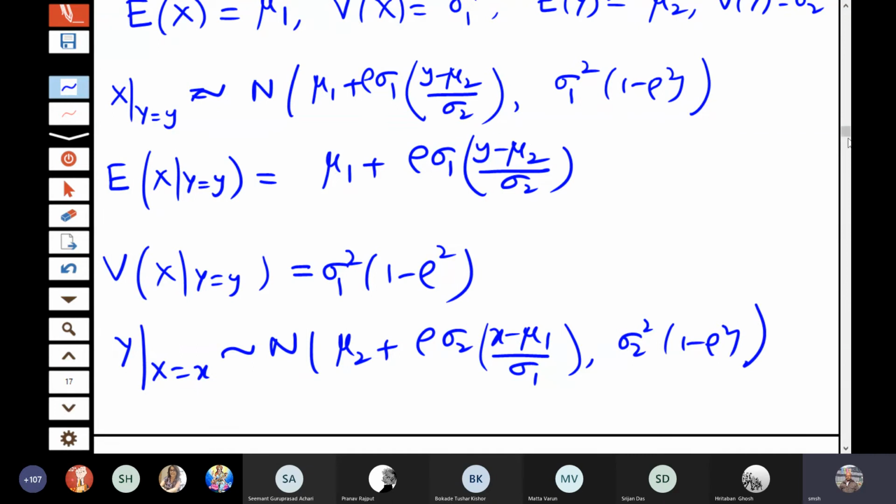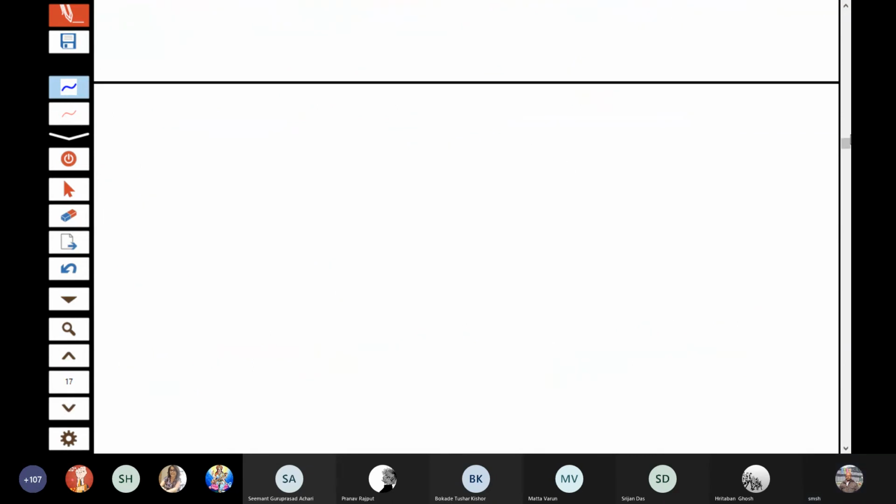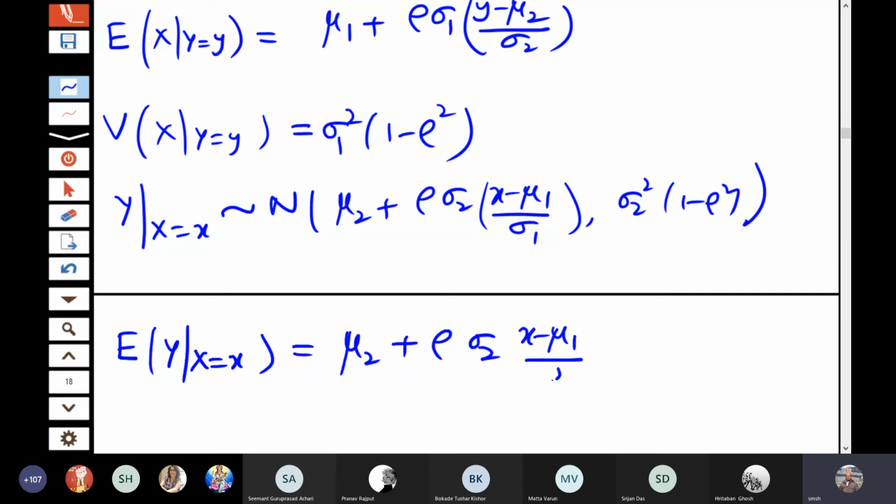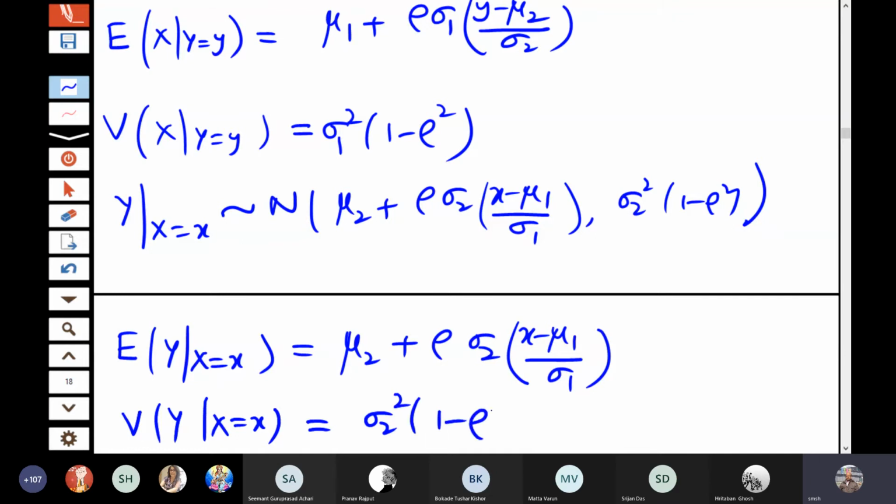So the expectation of y given x is mu2 plus rho sigma2 (x minus mu1) by sigma1, and the variance of y given x is sigma2 square into (1 minus rho square). Are these statements clear to you?